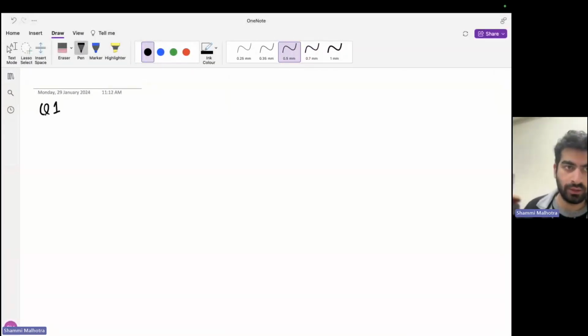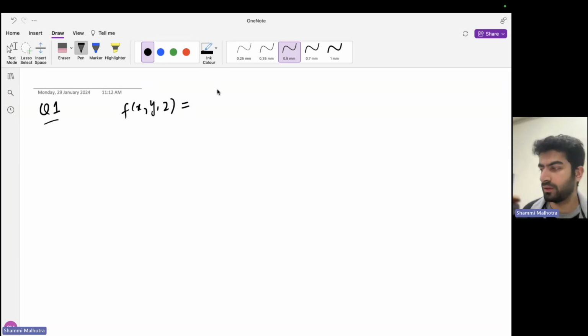Firstly, I would like to discuss, suppose I have a function of three variables, given as f(x, y, z) equals (x plus 2y minus z) divided by (2x plus y plus z).